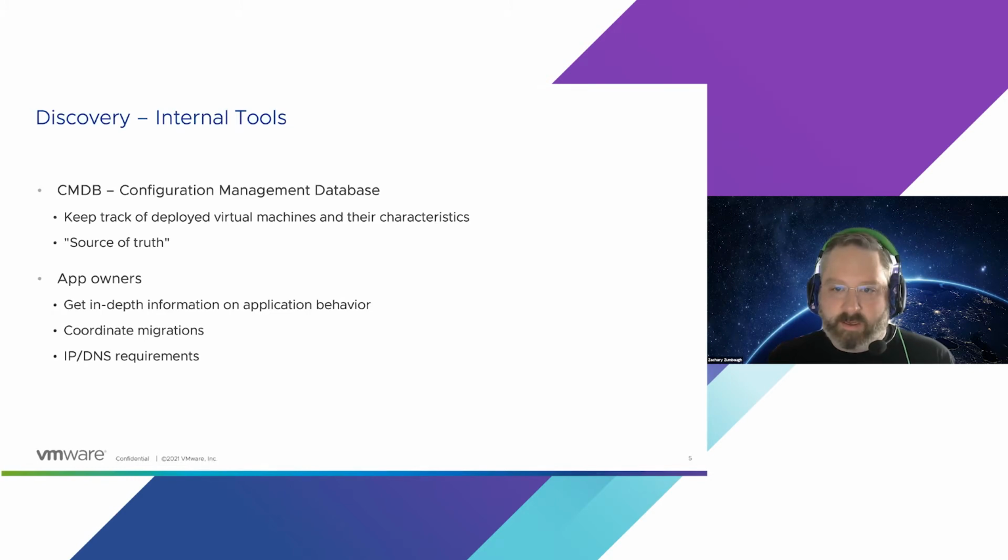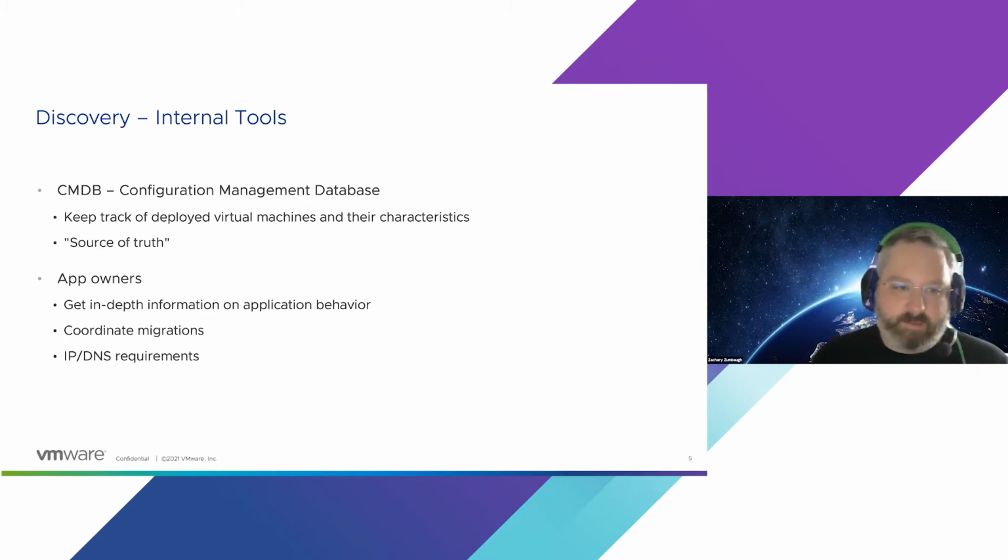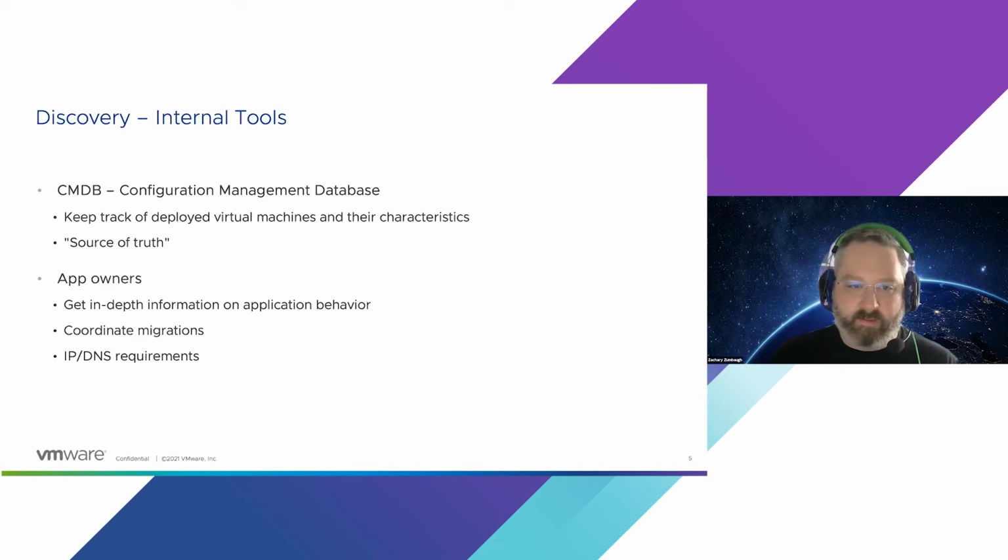So using internal tools, most companies have a configuration management database used to keep track of virtual machine deployments and their characteristics. It's used, among other things, to keep track of the utilization of a virtual machine. And if you have an accurate, up-to-date CMDB, this can make planning a cloud migration much easier, as you'll already have all the sizing data you need to determine the cloud resources required to migrate your virtual machine.